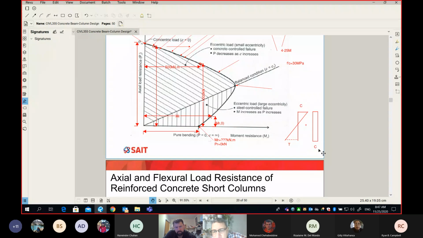And on this side, we're adding tension to compression. I'm asking you, will the tension increase or will it decrease? Are you guys still struggling? That's called superposition. We're adding two diagrams: a stress diagram due to moment only, and a stress diagram due to axial force only.